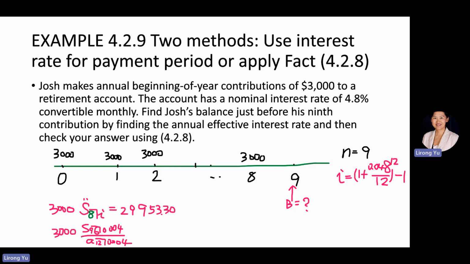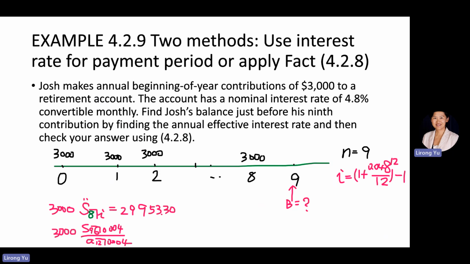Josh makes annual beginning of the year contribution of 3,000 to a retirement account. The account has a nominal interest rate of 4.8% convertible monthly.